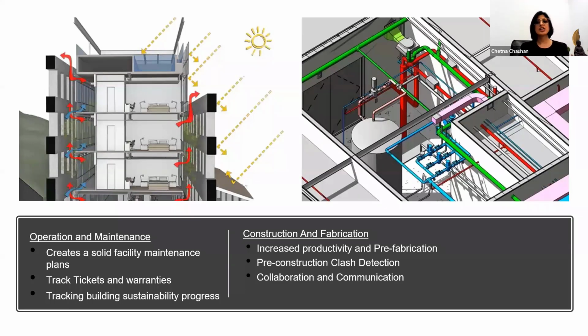When we run a clash detection, we would know where my beam is hitting my water pipe, or where my mechanical duct is hitting a column, or where my mechanical duct and electrical duct are hitting. Because everything is in a 3D model and we can really go inside and see where everything is, it becomes a very productive and very cost efficient way to work.